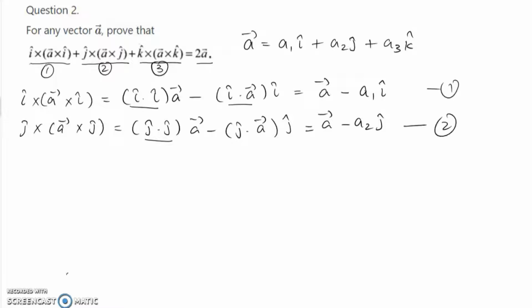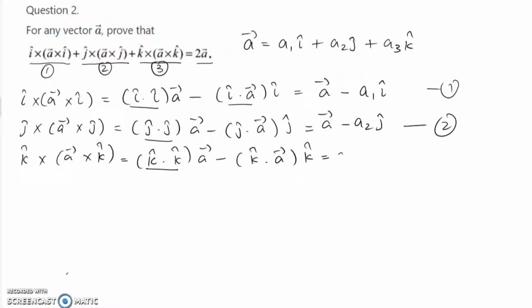That's our 2. Then the third one, k cap cross vector A cross k cap will be equal to k dot k, vector A, minus k dot vector A, k cap. That's equal to k cap dot k cap will be 1. So you get vector A minus k cap dot vector A will be A3 k cap.